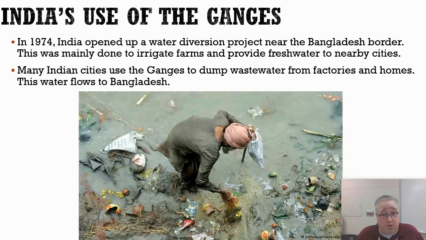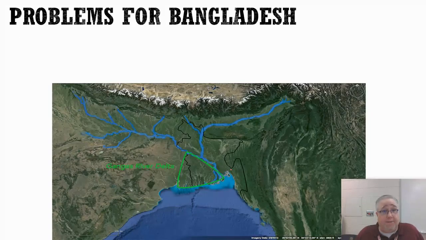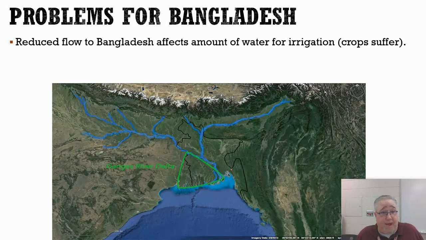It's one of the most polluted rivers in the world. Now think about how this affects Bangladesh, right? Up here is where all the diversion happens and where all the waste problems happen. But all of that water is going to travel into the country of Bangladesh. All this dirty water, all this wastewater.